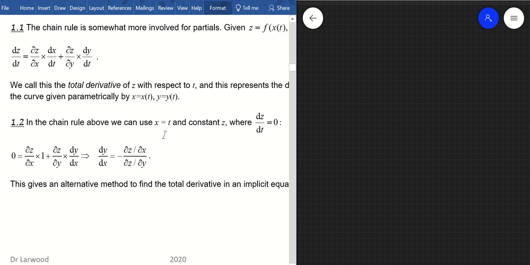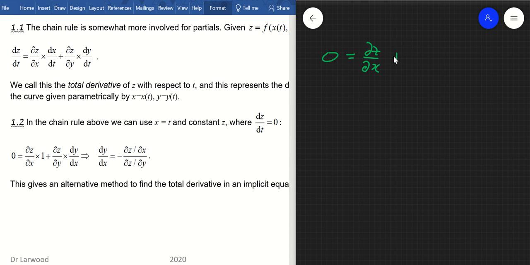And we can say that x is t, free to say that. Then we can change the chain rule so that the left-hand side is now 0. We've got dz by dx, fine. dx by dt, well, if t is the same as x, that's just 1, so we can forget that.